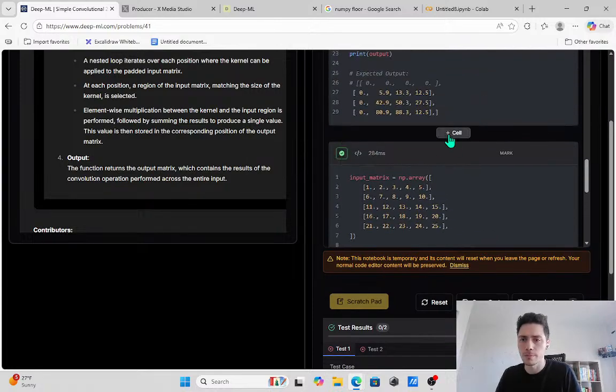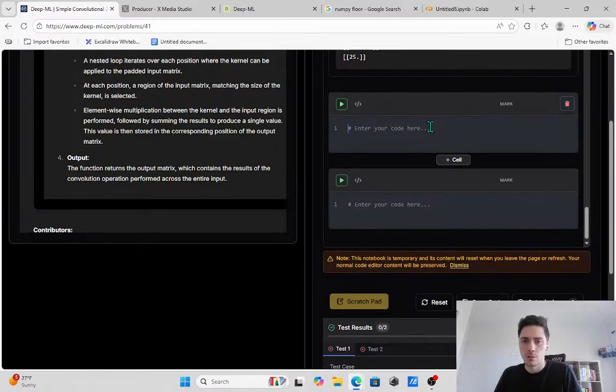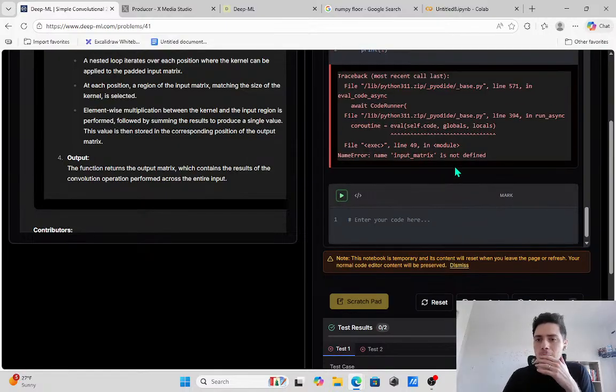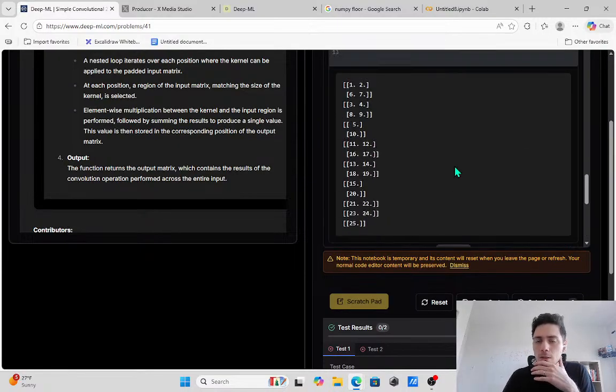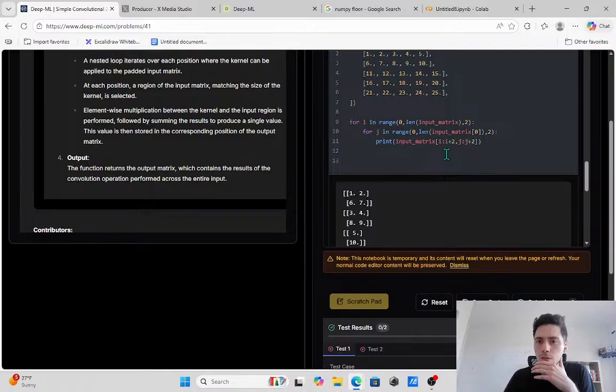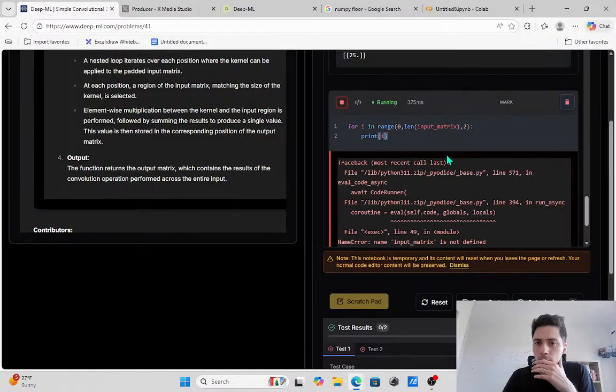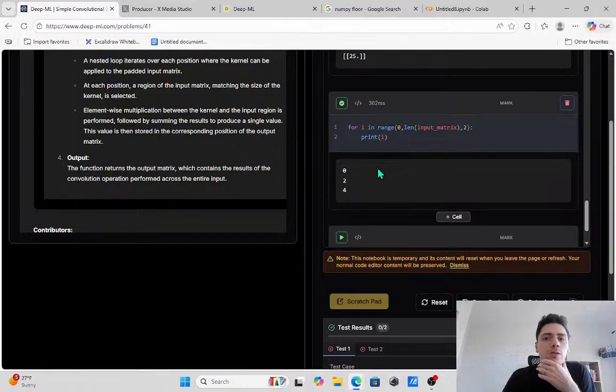Let me just print this one out, print it is defined. Okay, so it would be 0, 2, then 4.